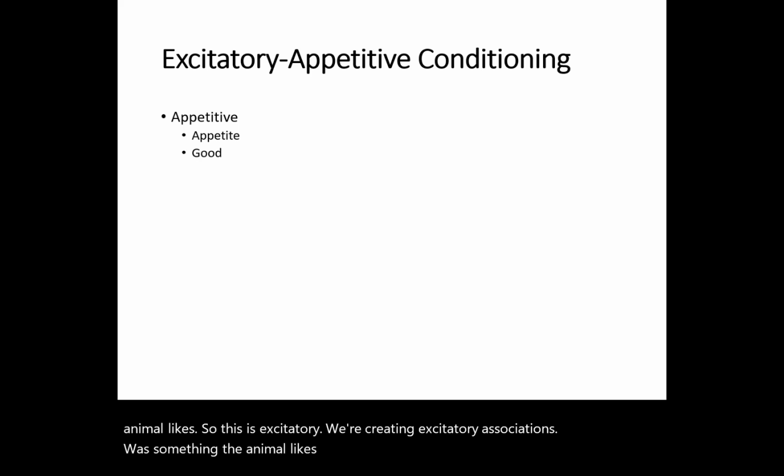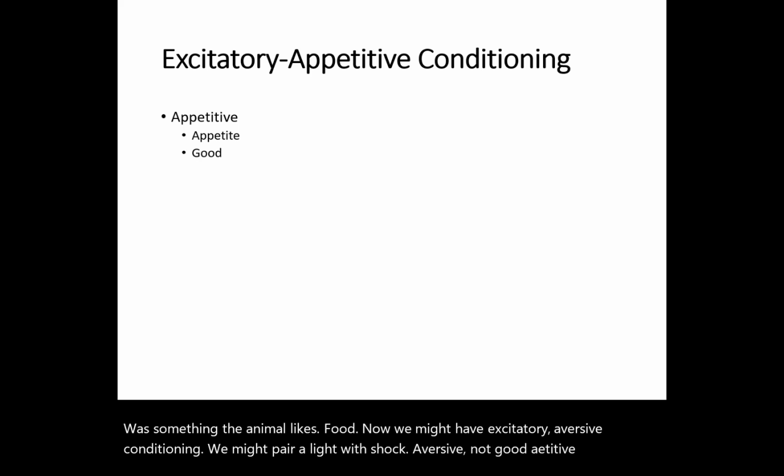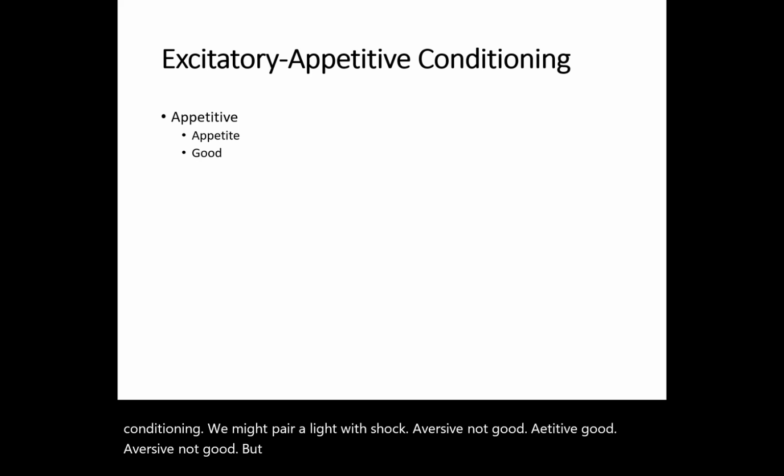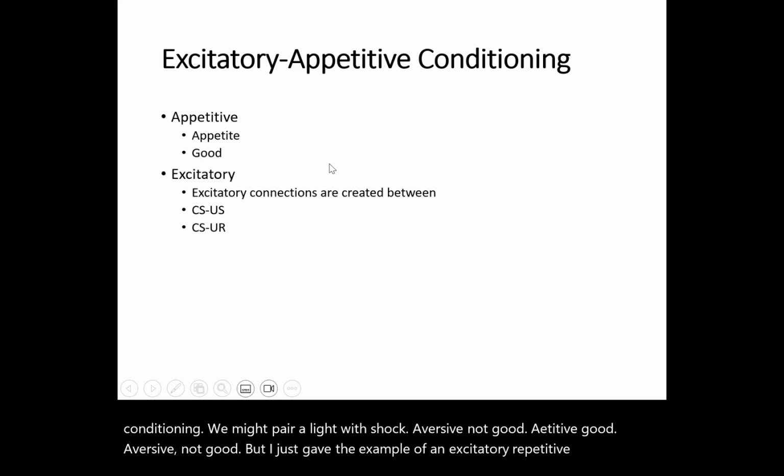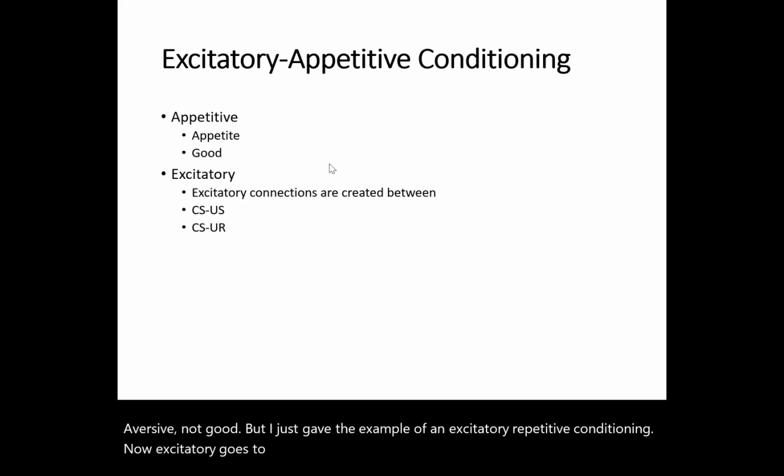Now, we might have excitatory aversive conditioning. We might pair a light with shock. Aversive, not good. Appetitive, good. Aversive, not good. But I just gave you the example of excitatory appetitive conditioning. Now, excitatory goes to the idea that connections are formed using excitatory neurotransmitters, excitatory associations.